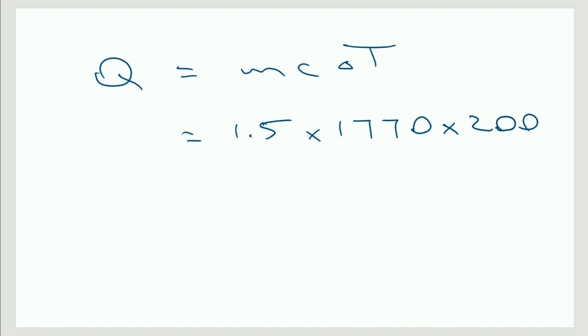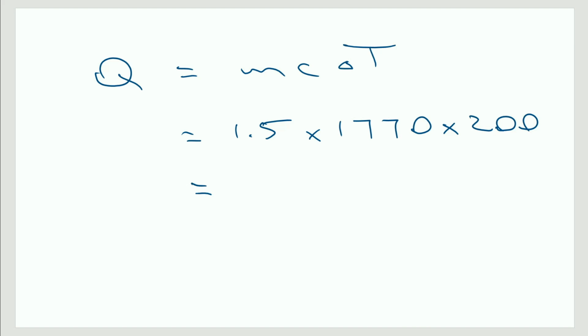Okay, how much heat energy do we actually need? Well, let's look at that. We have Q equals m c delta T. The mass of a chicken is about 1.5 kilograms. The specific heat is 1770 joules per kilogram per degree Celsius. And the change of temperature is 200 degrees.